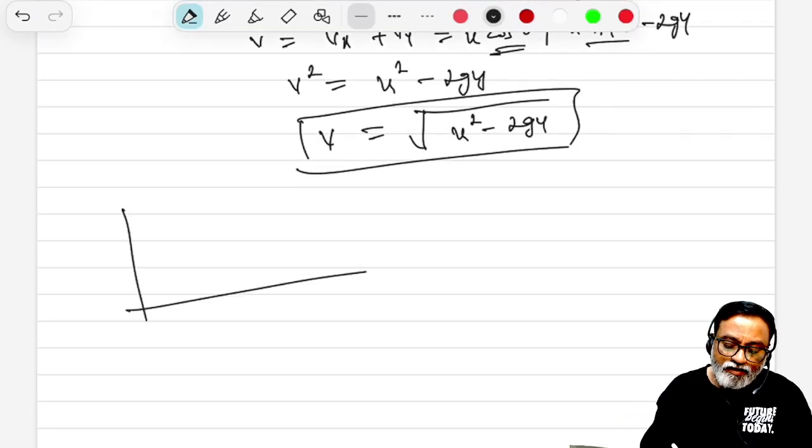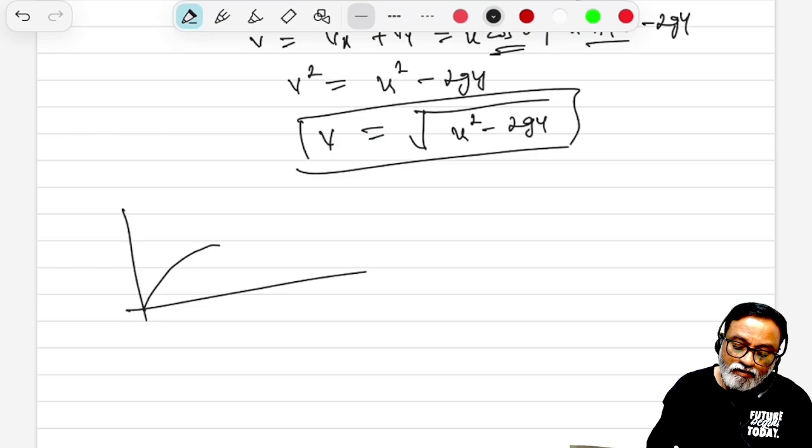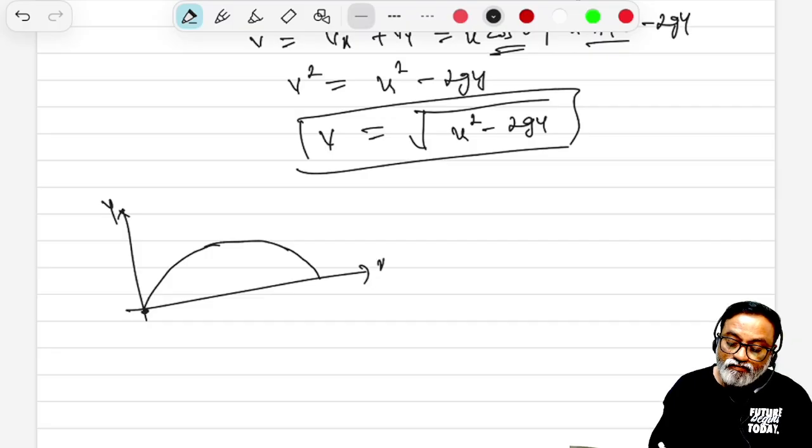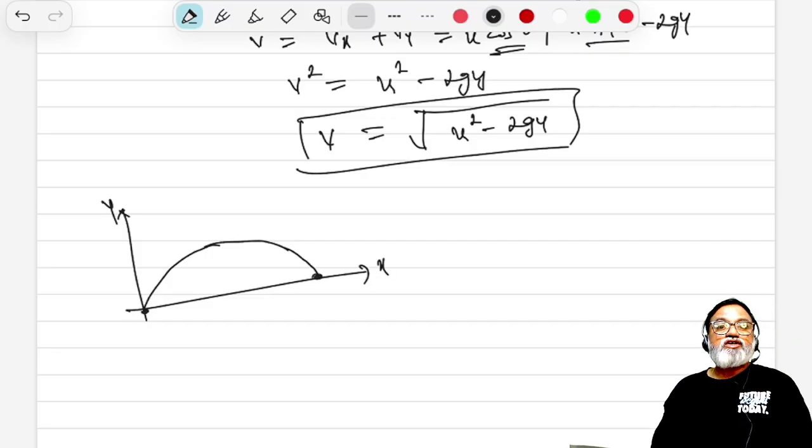See, for example, here this is the point of projection, and this is the point where it lands on the horizontal surface.